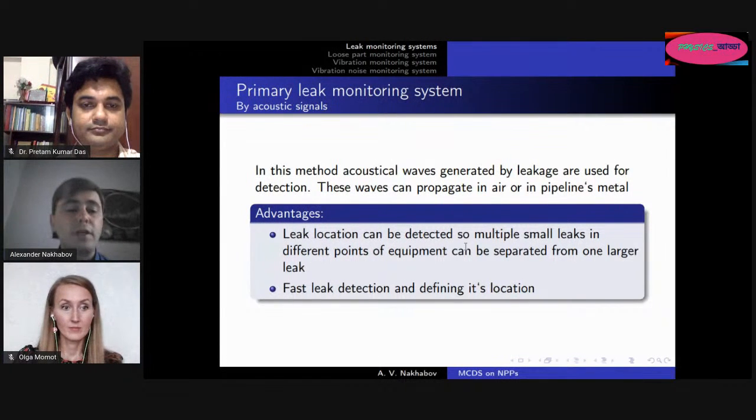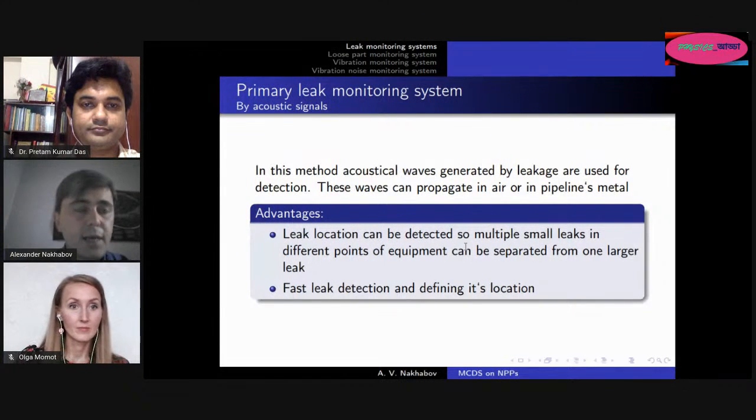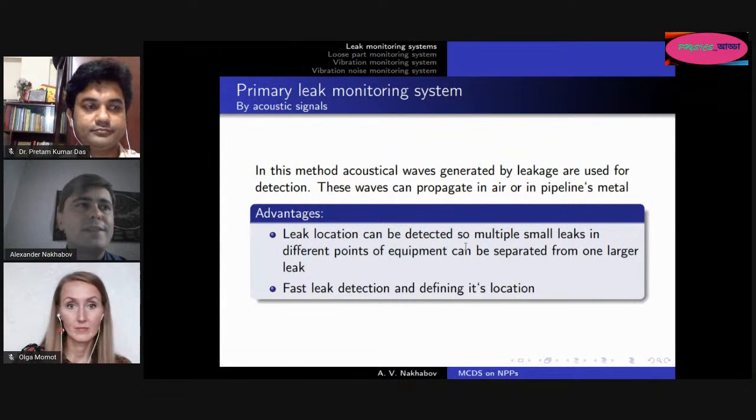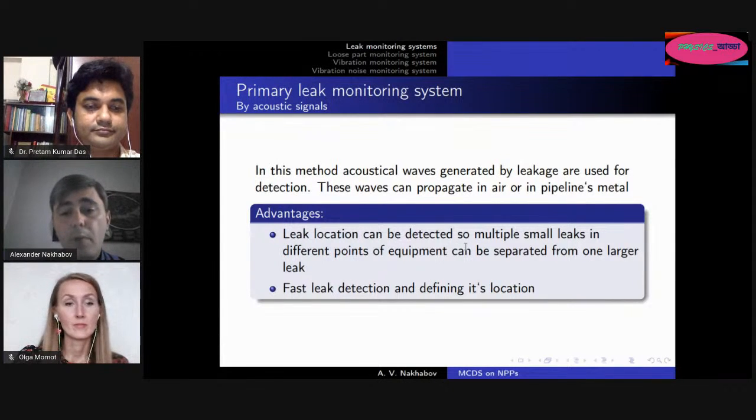I guess in the humidity option, it's not the case, because several leakages from one pipeline is, of course, a very low probability event. But nevertheless, we should keep in mind different possible situations. So the advantages of the acoustic option: finding possible several leaks, fast detection and defining location.